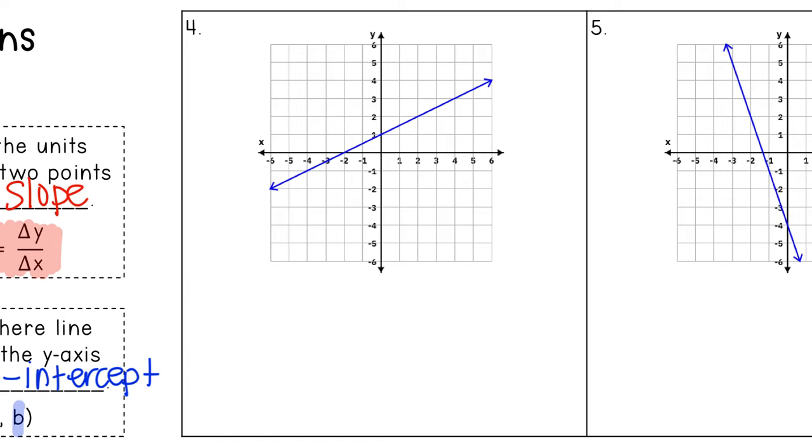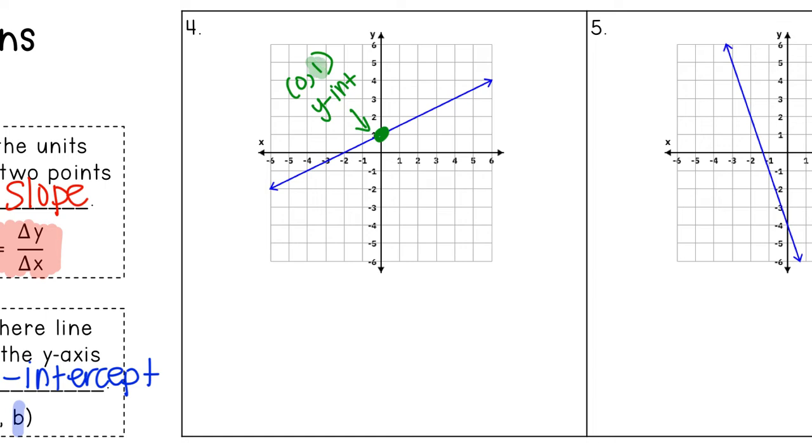Okay, so one of the easiest things to identify is the y-intercept. I can see that it's crossing right there. I'm just going to label it y-intercept. And that is at (0, 1). So I know that my equation is going to have that 1 at the end.